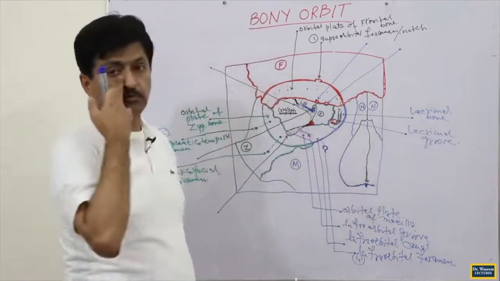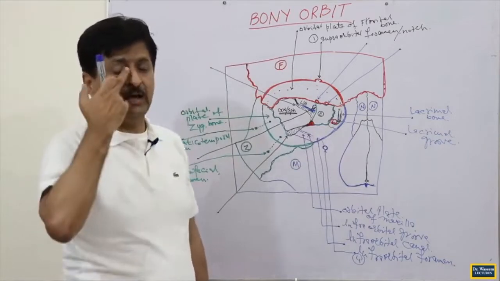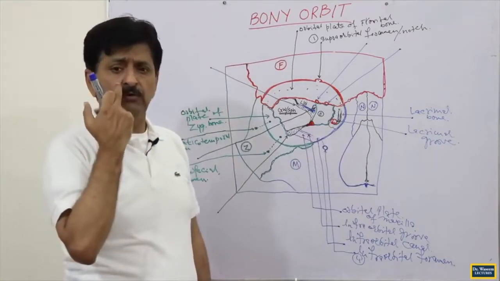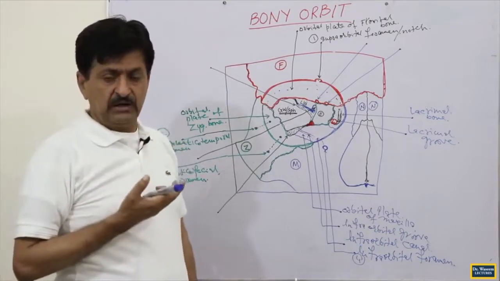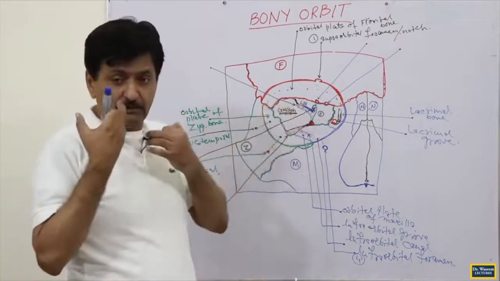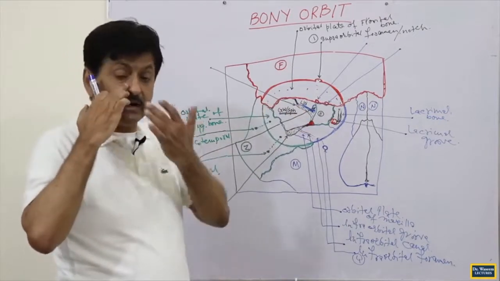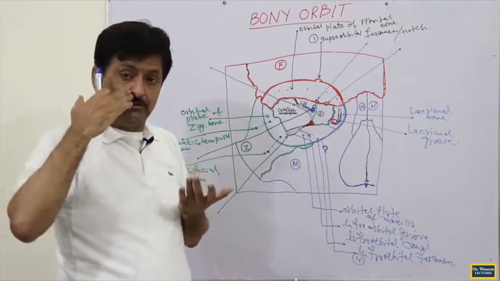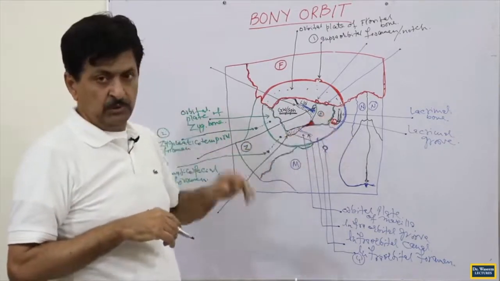It is a continuation, and here the nasolacrimal duct is lying, and it will come down and open into the lower part of the lateral nasal cavity. That's why the tears collected by the lacrimal sac will come into the nasolacrimal duct and be drained into the nose here. And this is what we call the lacrimal bone.